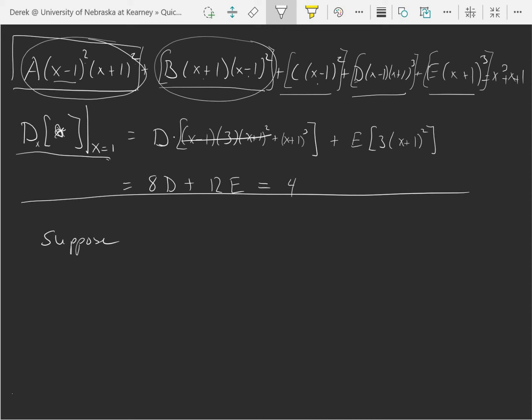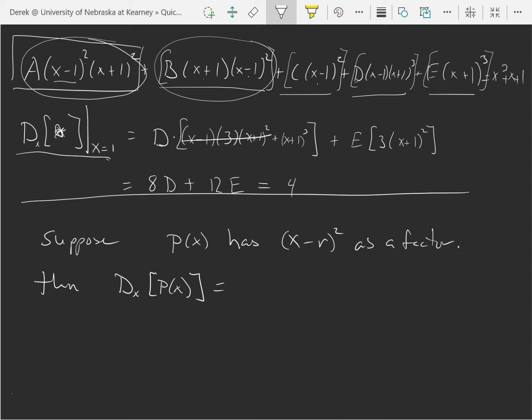Suppose p of x has x minus r squared as a factor. Then the derivative with respect to x of p of x is equal to the derivative with respect to x of x minus r squared times whatever the quotient is, right?